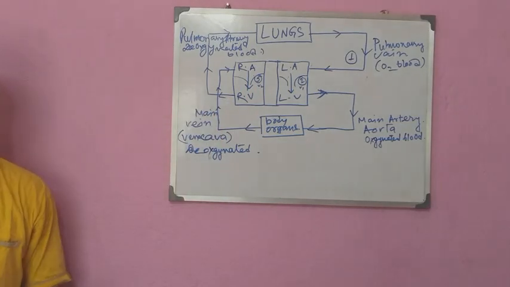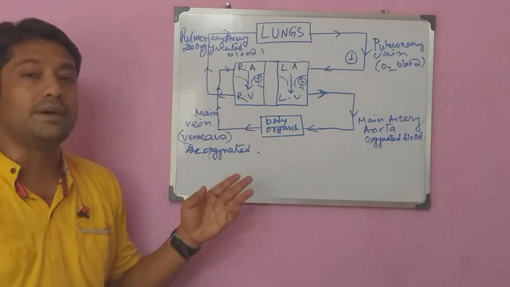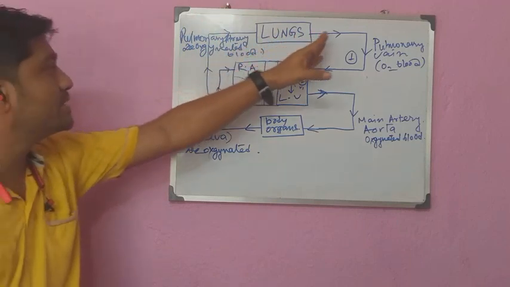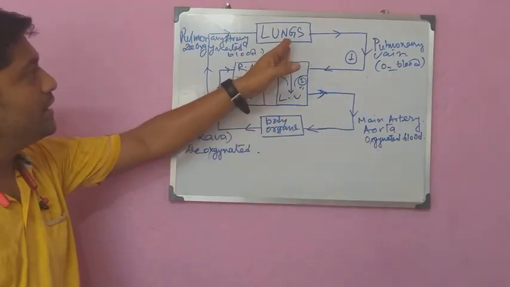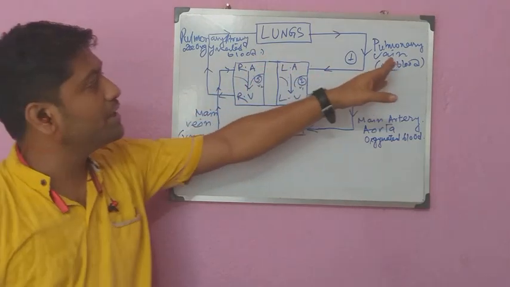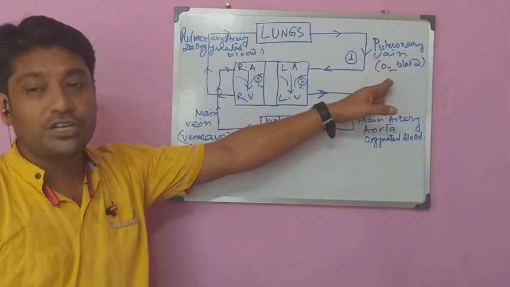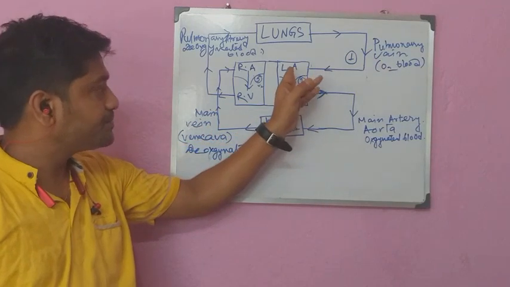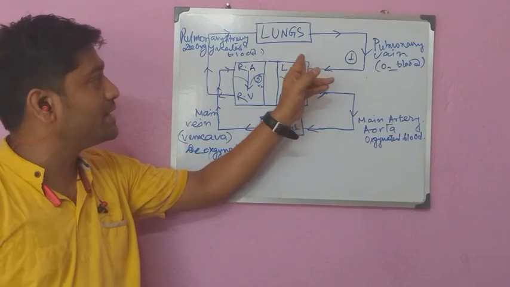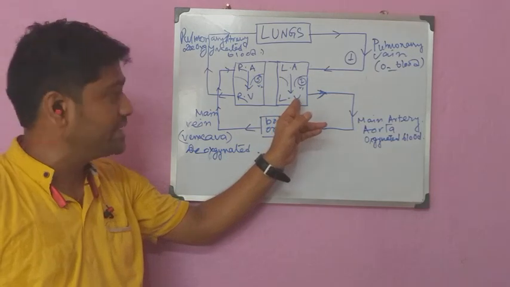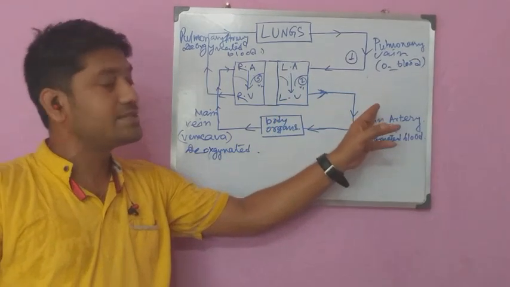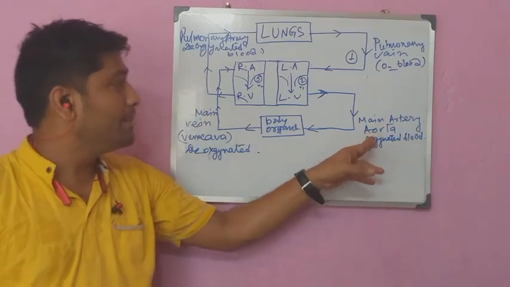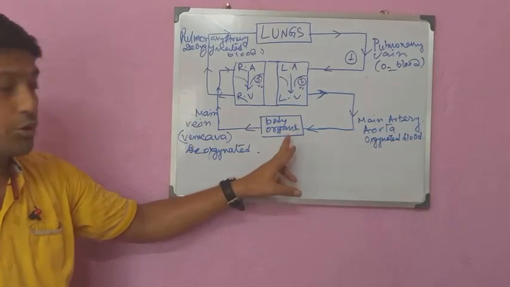From here it is taken to the lungs by the pulmonary artery with deoxygenated blood. So in this circulation, the pulmonary vein receives oxygenated blood from the lungs and gives it to the left atrium, which contracts to the left ventricle. The left ventricle pumps the oxygenated blood by the main aorta to the body organs.